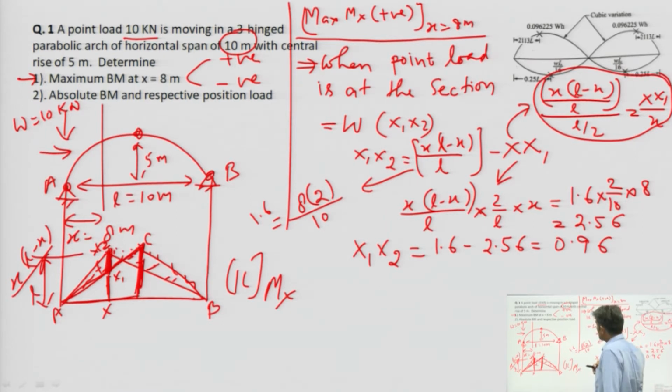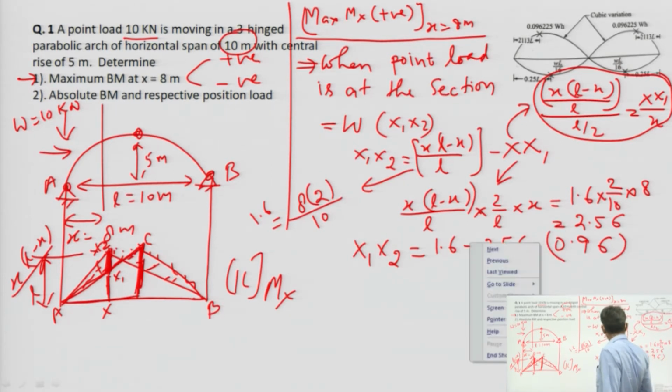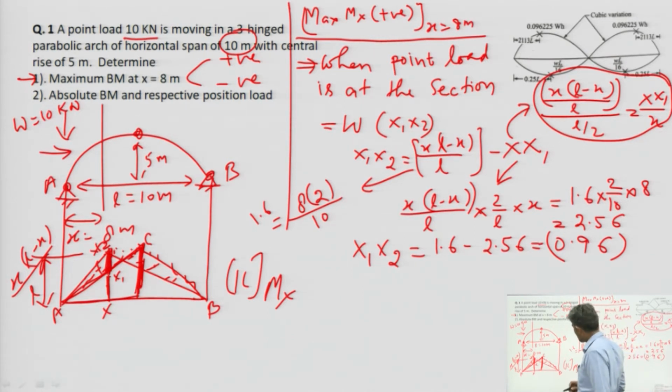It is 10 multiplied by this one, okay. And here we are getting minus sign actually. Why we are getting the minus sign? We are getting the minus sign because we have taken x as, here x is 8 actually, x is 8, okay, and total L is, so x will come in this side, okay, in this side.